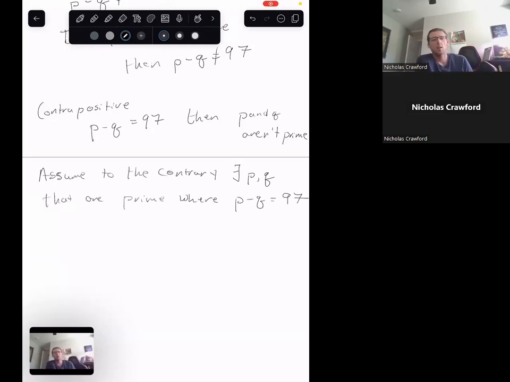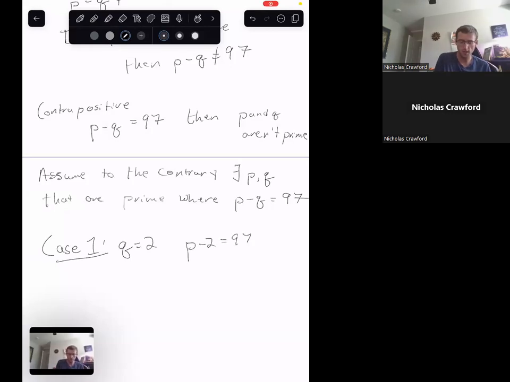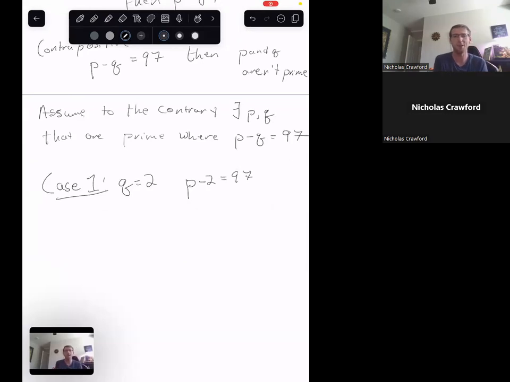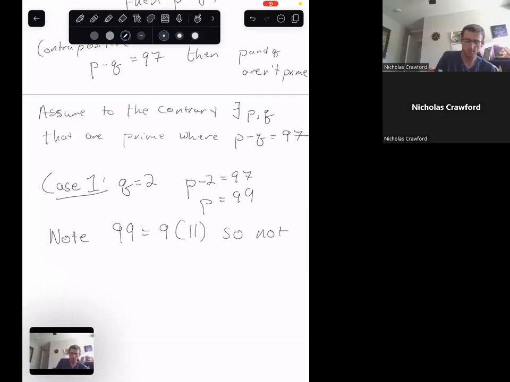Prime numbers are either odd or the number 2, so we need cases. Case 1 is Q equals 2. Then P minus 2 equals 97, so P equals 99. But 99 is equal to 9 times 11, and so not prime.